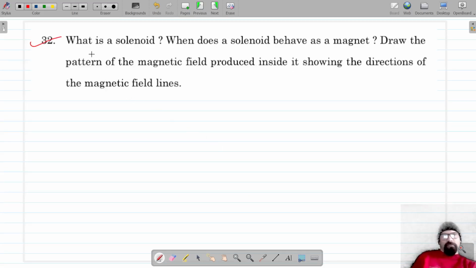Okay, for the next question: what is a solenoid and when does a solenoid behave as a magnet? So let's write down the definition of the solenoid first.